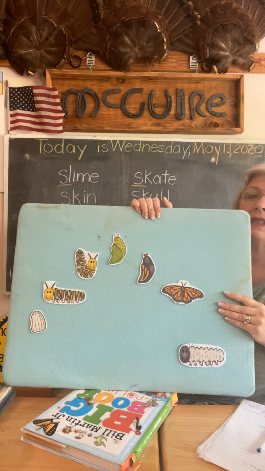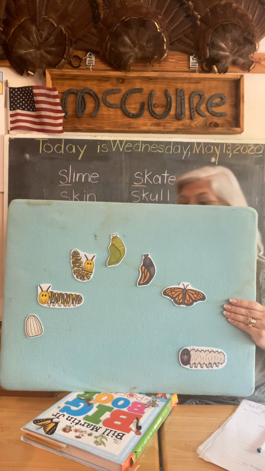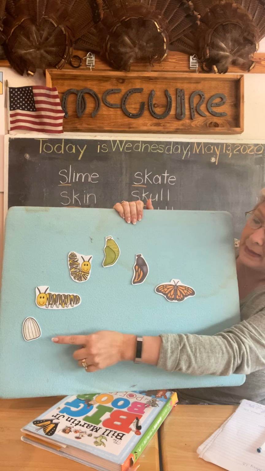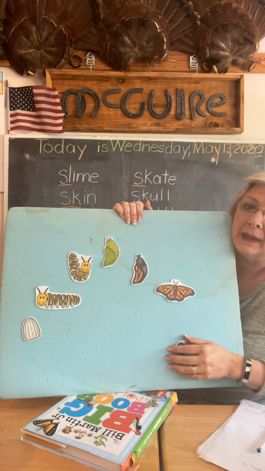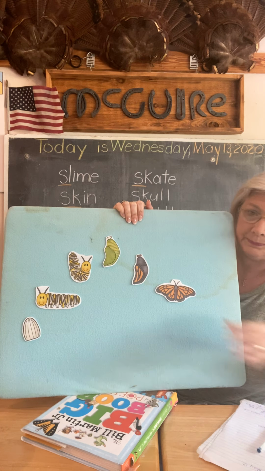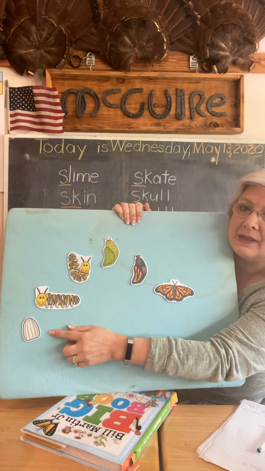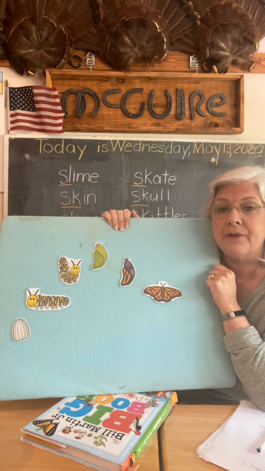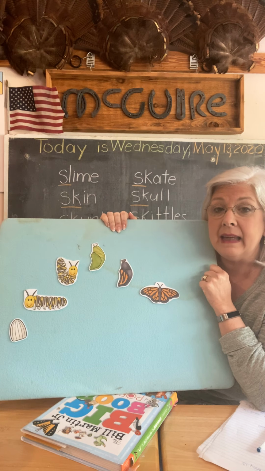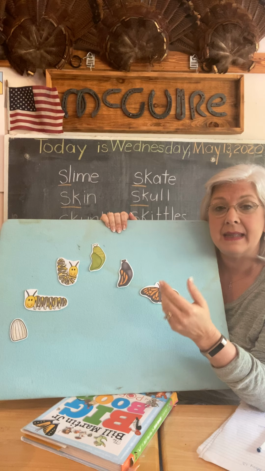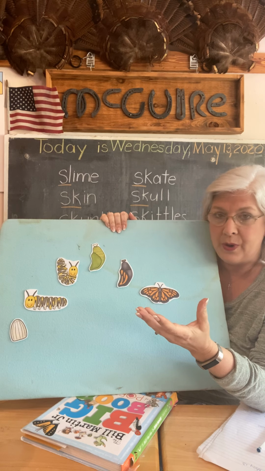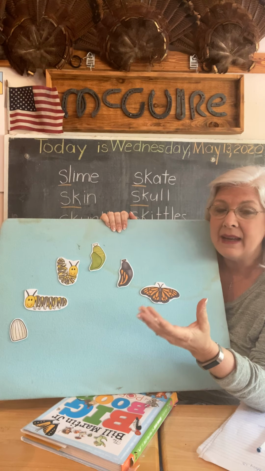So the first stage is a mommy butterfly will lay her eggs. And she always lays the eggs on a leaf so that when those eggs begin to hatch, they're right there, right on that leaf.